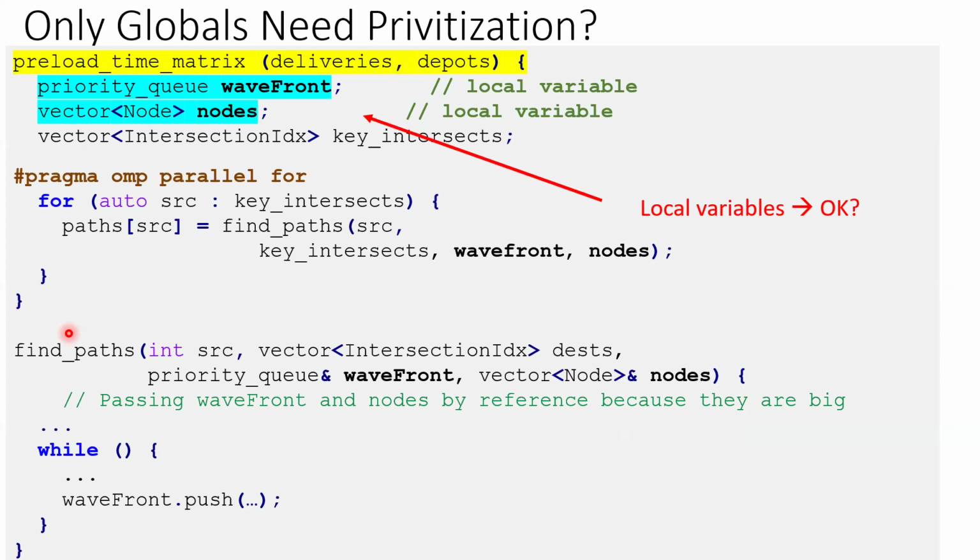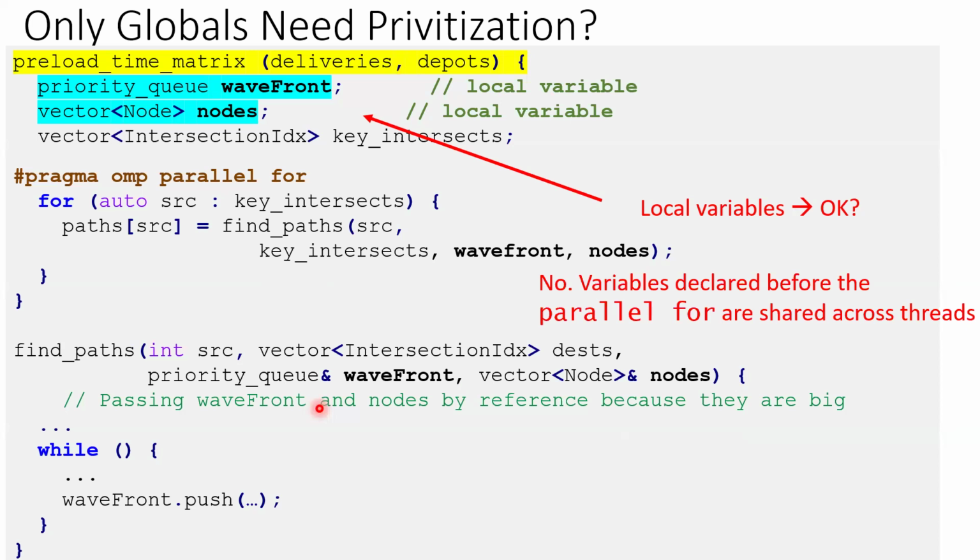Is it not modifying the original ones? Yeah, everything declared before the parallel for is shared across all of the threads, and especially since you are passing them in by reference, all the threads can modify them. So we still want to privatize those as well.